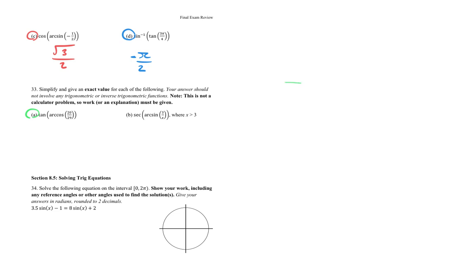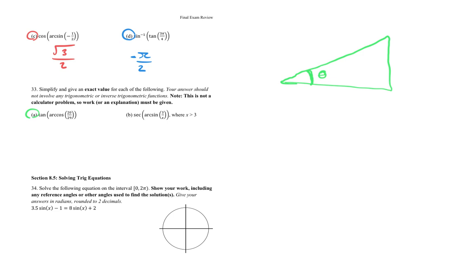So I'm just going to sketch out some triangle, and the sizes probably aren't going to be very accurate, but imagine we have some angle here, theta, and that arc cosine of 20 over 29 is going to give us this angle here.